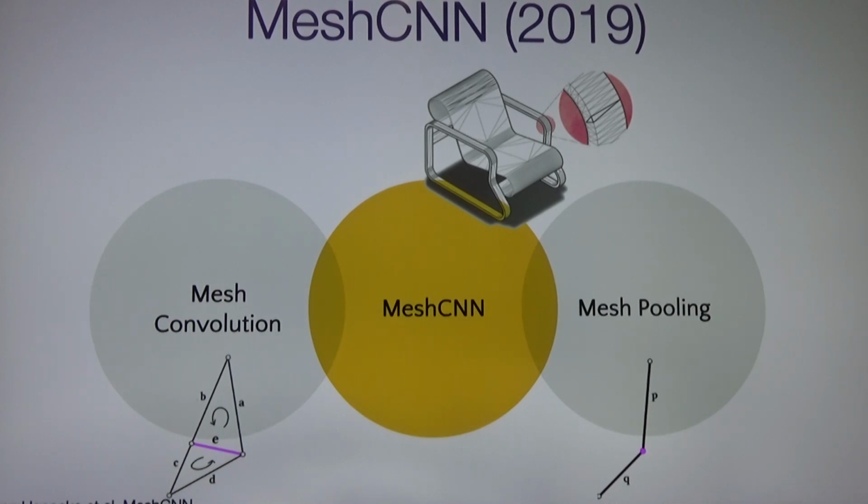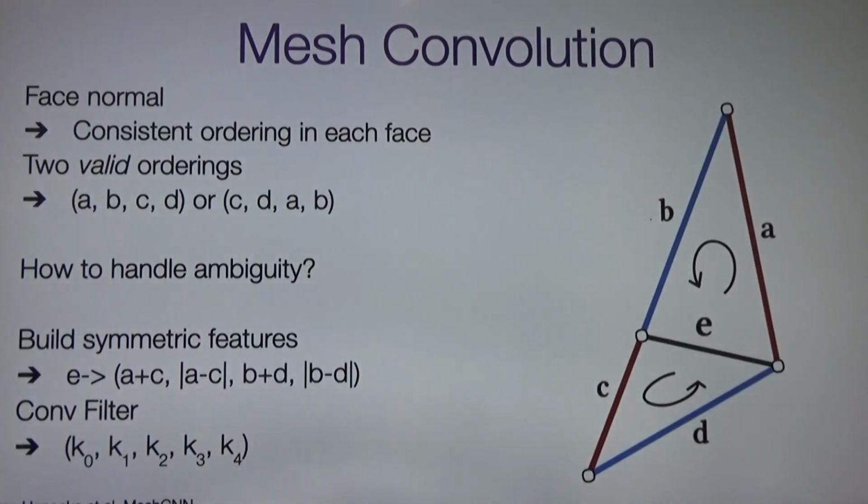They have defined, and it's a very intuitive thing, a convolution that convolves across edges in a mesh, and they have defined pooling operations that pool across edges on the mesh. So let us look at that more closely. Let us define a convolution that will work on edge E, depicted in black here.